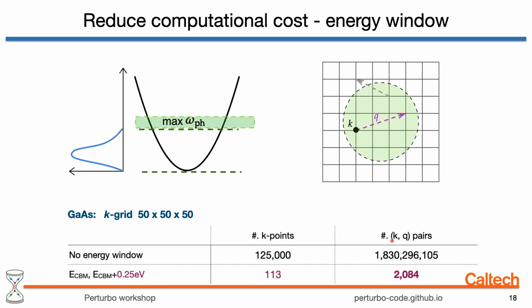But if we now look at the K-cube pairs for a 50 cubed grid, initially, without the energy window, you would have about, what is this, like 1 billion K-cube pairs. But the key point is once you have the energy window, you are down to 2,000 K-cube pairs. And this is why we can actually even calculate these electron-phonon matrix elements and the electron-phonon scattering rates.